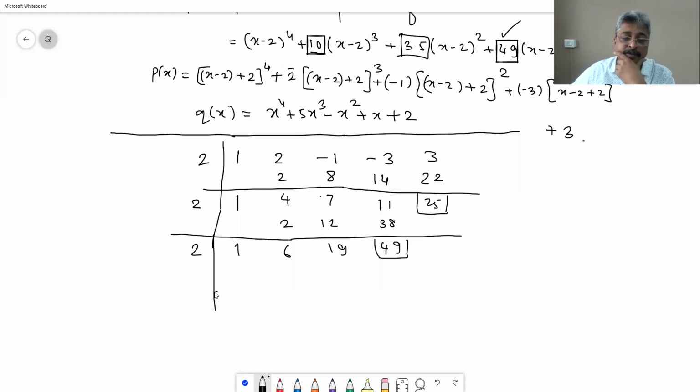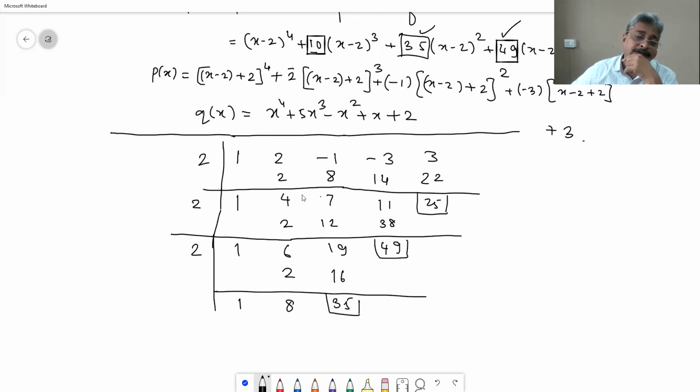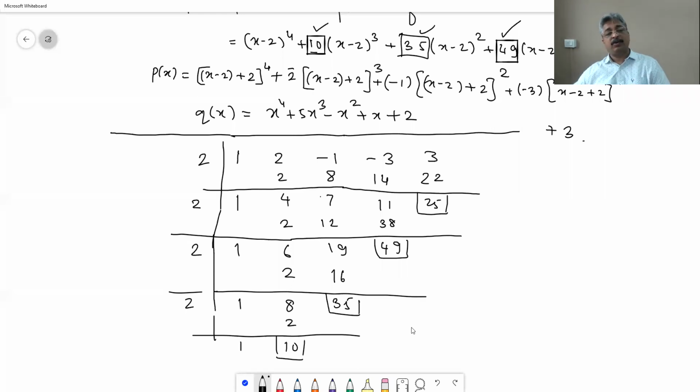Do synthetic division: 1, 2, 8, 16, that is 35, the third coefficient. Then do it again to get 1, 2, 12. Is it not really good?